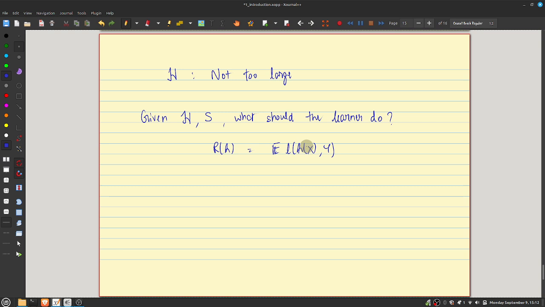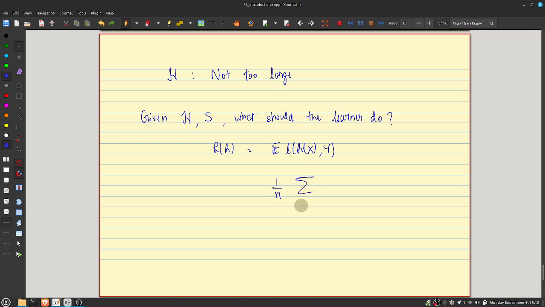So how do you choose a h? You could, but then you don't know pxy, right? That's the fundamental difficulty. Correct. So the natural thing is to try to approximate this expectation with the empirical average, right? So use the empirical average as a proxy for the expectation.